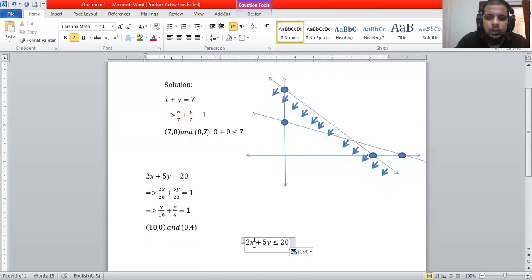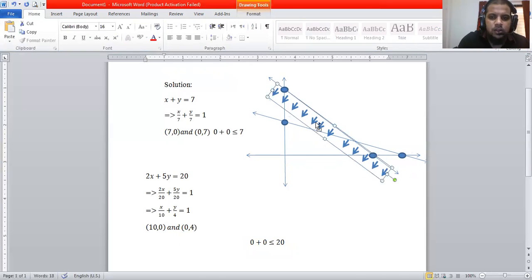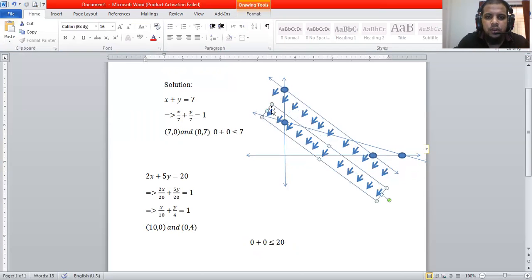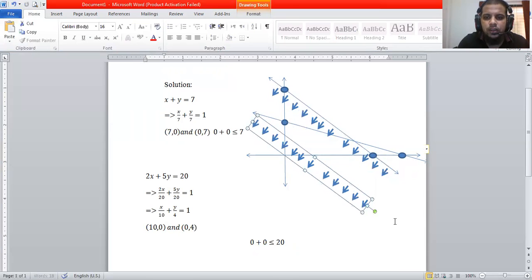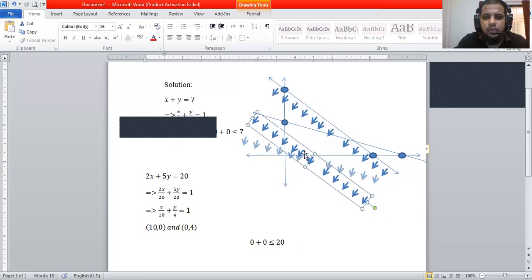If we put 0 for x, it will be 0, and if we put 0 instead of y, it will also be 0. So 0 is less than 20. It is correct. That's why we have to give the arrow sign towards the center.